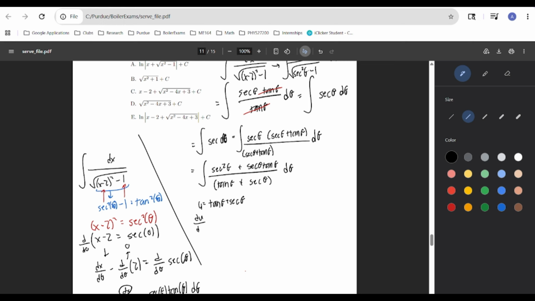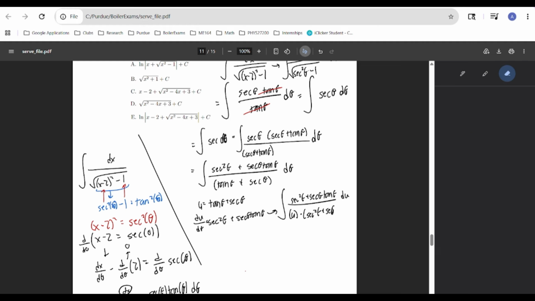Du d theta is equal to secant squared theta plus secant theta tan theta, which is conveniently our numerator. So we make the change of variable from d theta into u. This integral becomes secant squared theta plus secant theta tan theta du, multiplied by 1 over u times secant squared theta plus secant theta.